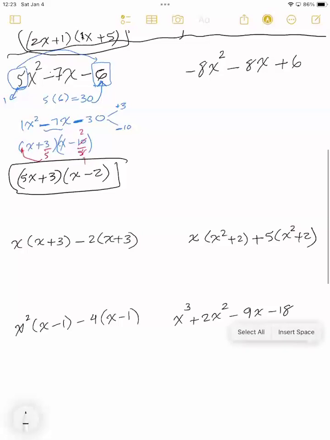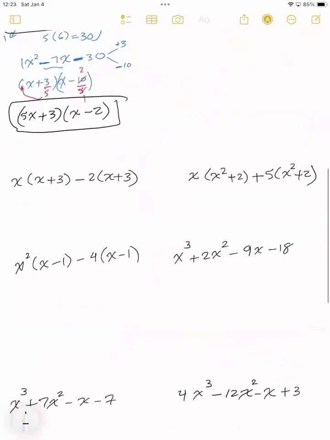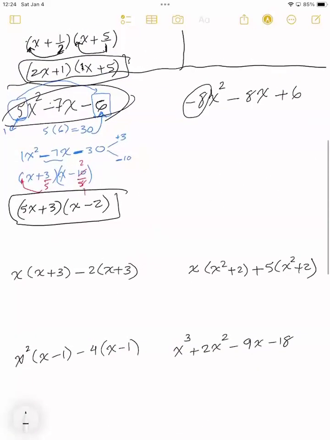For the next problem, I see that this is not a 1, but then I say, do I have a greatest common factor? No matter what kind of trinomial factoring you're doing, whether the first type, the second type, or the third type, make sure your leading term is not negative. So do you see I have a negative leading term, and I see all these numbers are divisible by 2.